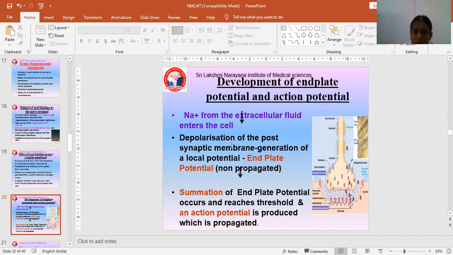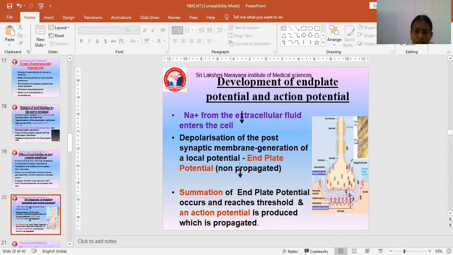This localized depolarization is called a local potential. The sodium ion enters the cell, causes depolarization, and leads to the generation of a local potential called the end plate potential. It is only a local potential change, not an action potential, so it is not propagated.